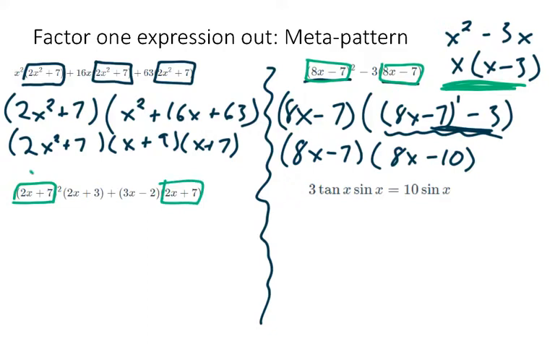All right, that's my sort of x squared, that's my x. So I'm just going to factor one of them out. I'm going to write this small so I don't run out of room. So 2x plus 7. I'm going to factor one of those out, which leaves me with 2x plus 7 times 2x plus 3, plus, and then this other one has also gotten factored out.